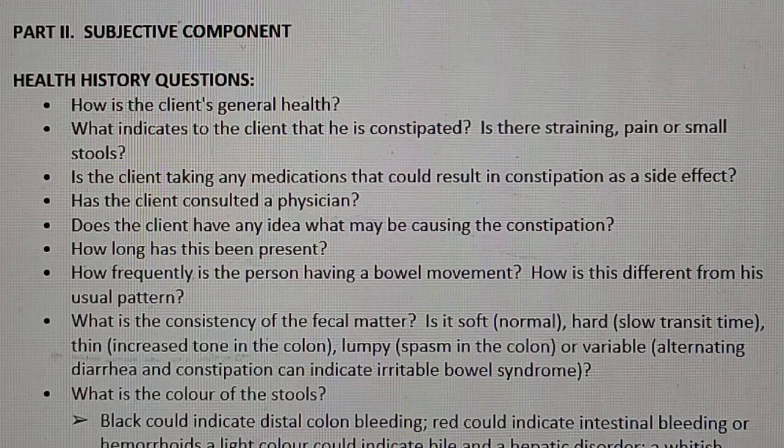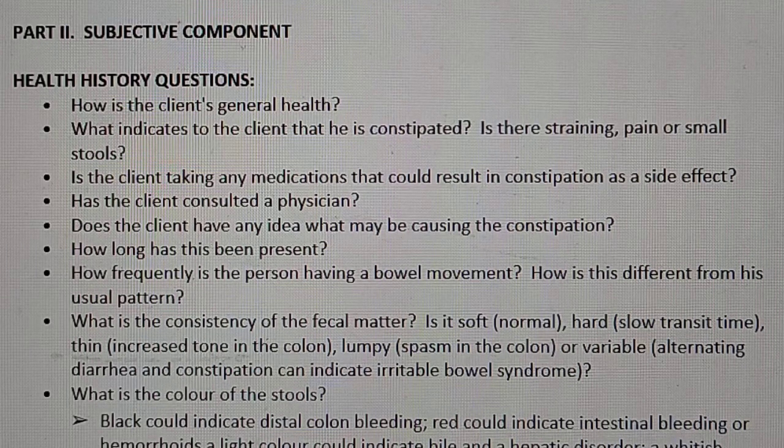Now, one question is, how is the client's general health? You're going to ask the client this question first and foremost, and then what indicates to the client that he is constipated. I'm going to ask this question: is there straining, pain, or small stools?